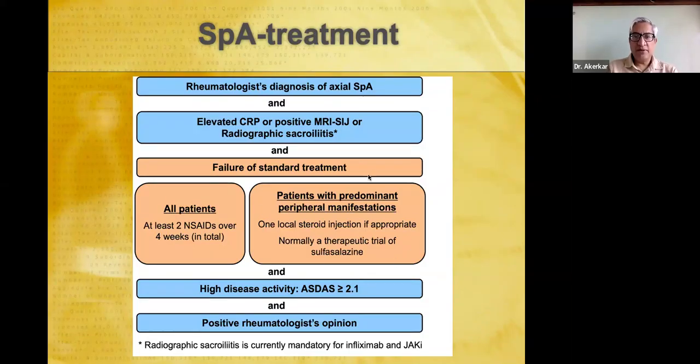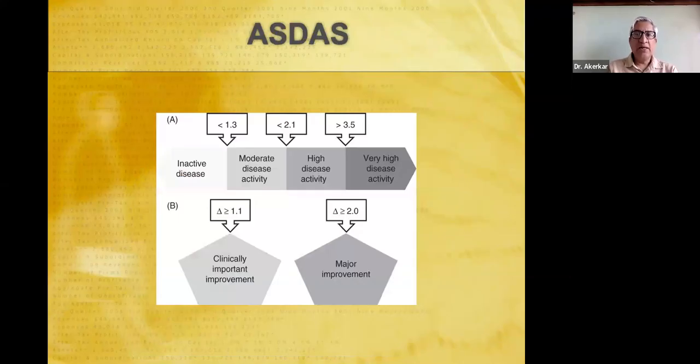Somebody with peripheral arthritis, a therapeutic trial of sulfasalazine, methotrexate, a local steroid if appropriate, with NSAIDs. If things don't improve, then we move on to the second line of therapy. There is a scale called ASDAS, which we measure. This is something like HbA1c for diabetes. That tells us how active the disease is, and many clinical decisions are based on this scale.